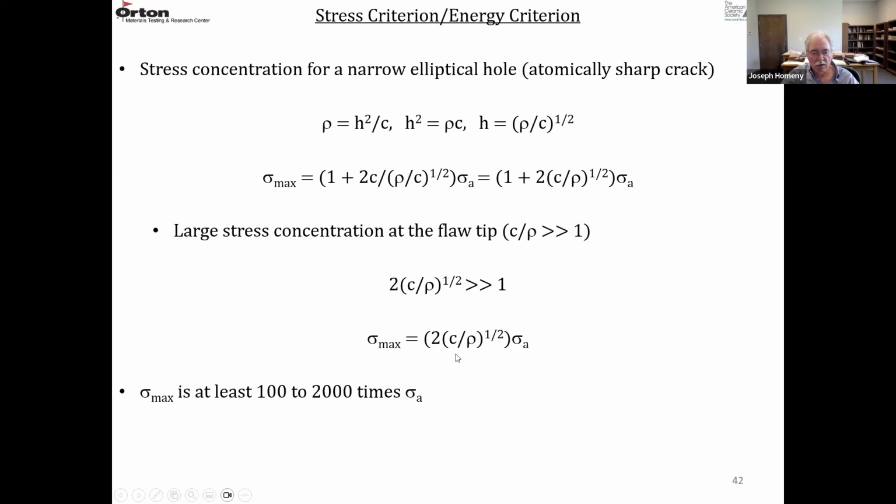This is a large number. So it turns out the maximum stress at the tip of that crack is going to be 100 to maybe 2,000 times the applied stress. So there's a great deal of stress concentration at an atomically sharp crack. And that's why there's a big difference between the theoretical and the actual strengths.